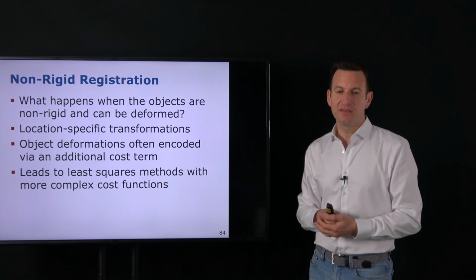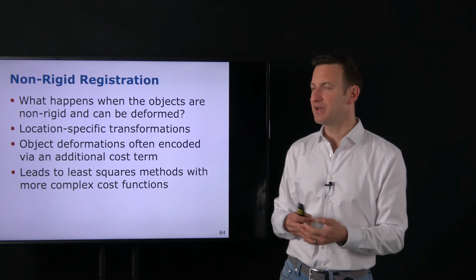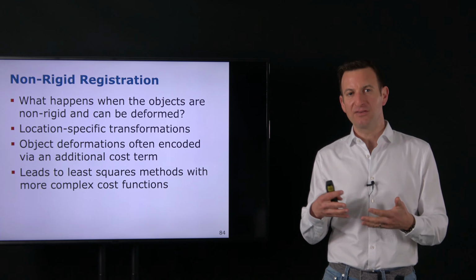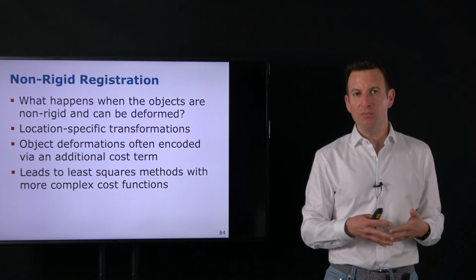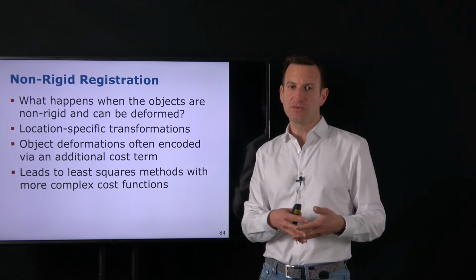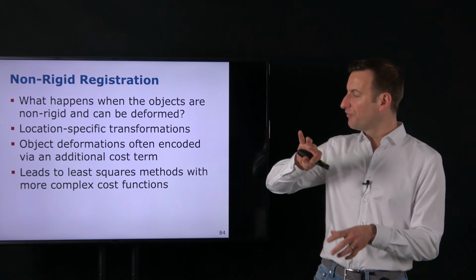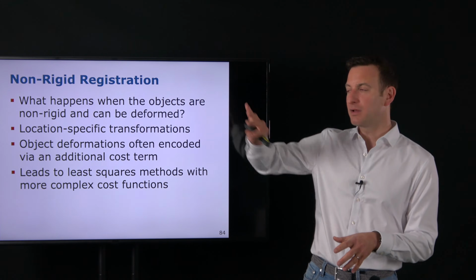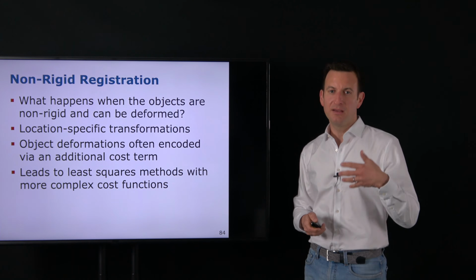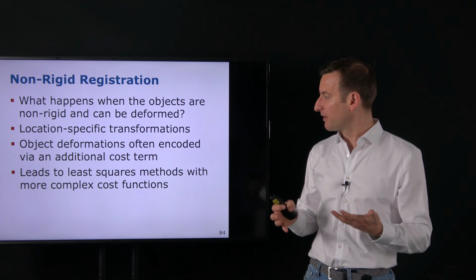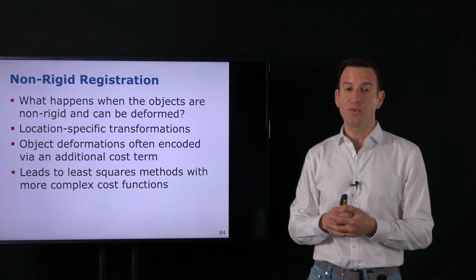We have been using non-rigid registration also for other tasks, like dealing with growing plants. If you have 3D models of plants taken at different points in time, you may want to align those points or to track the growth of the plant over time. And you can do this by transforming one point cloud into another point cloud in a non-rigid way. And this is something where you need those least squares approaches as well.